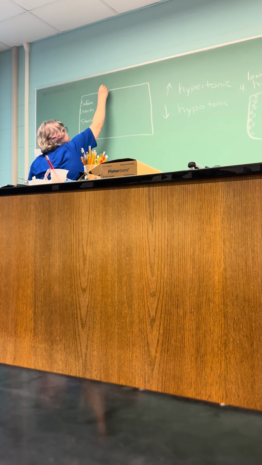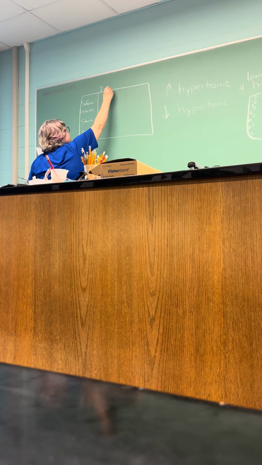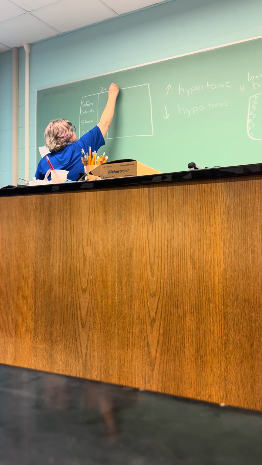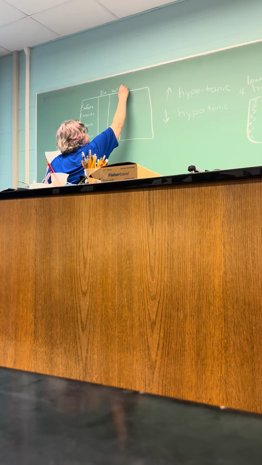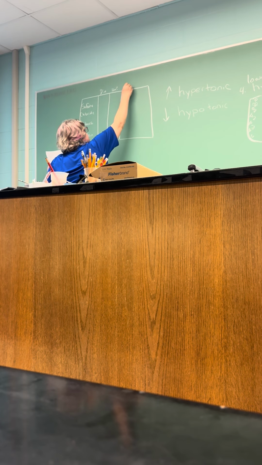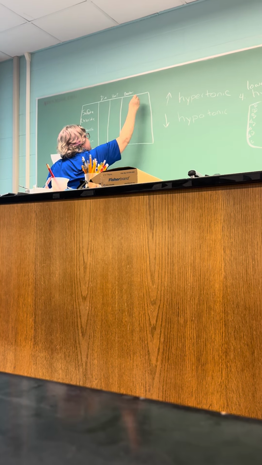And then here's your dialysis solution, which is in the bag. And then it's asking you if it's a positive control. And then this over here is the beaker solution. And it's asking you if this here is a positive control.